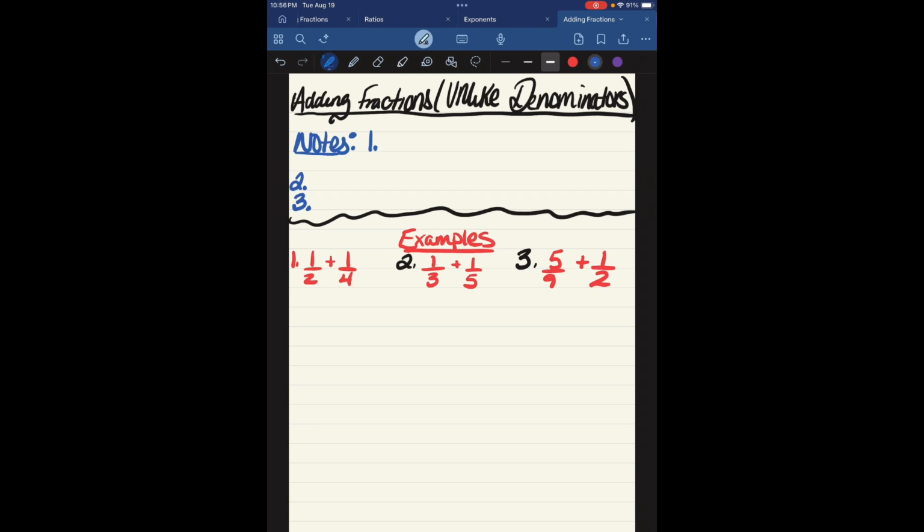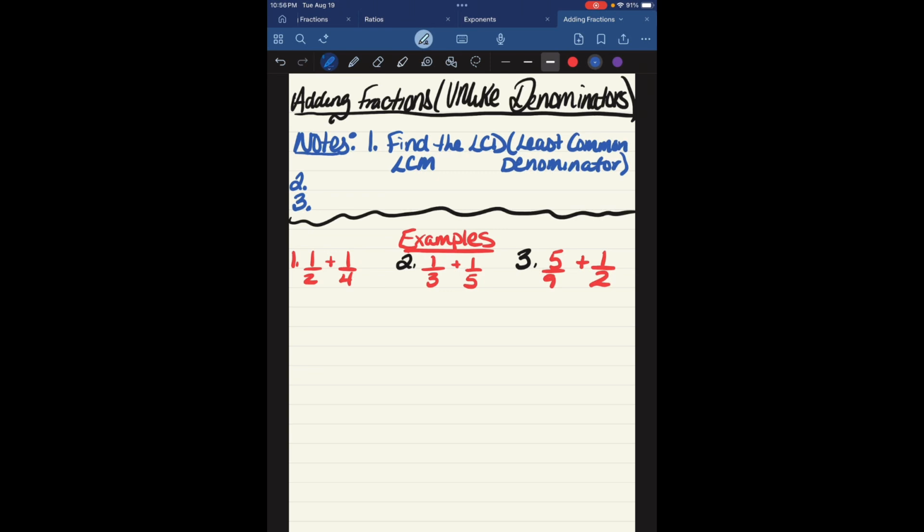So, first step, we're going to find the LCD. And what does LCD stand for? The least common denominator. If you see LCD or LCM, which also stands for least common multiple, they're nearly the same thing.